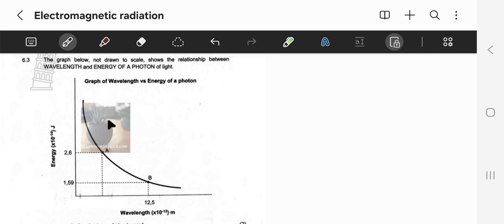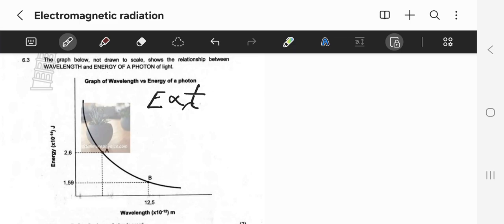And before we go into this graph, guys, we will remember that the relationship between energy and the wavelength is supposed to be inversely proportional, and this graph shows that relationship. It shows an inverse proportion relationship between energy and wavelength. That means if we have a high energy, we will have a short wavelength.